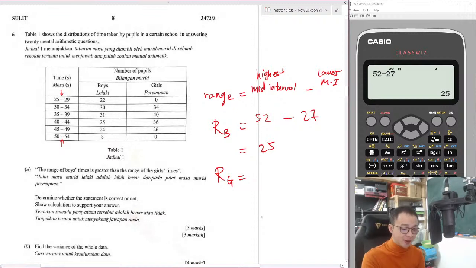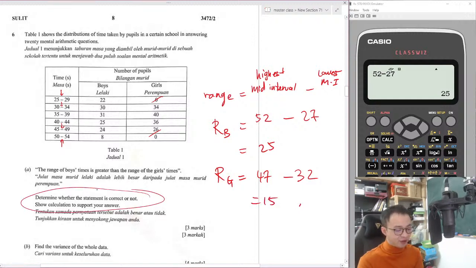The highest one starts from here, which is 47, minus the lowest one, which is 32. Then I get 50. The question asks you to determine whether the statement is correct or wrong.